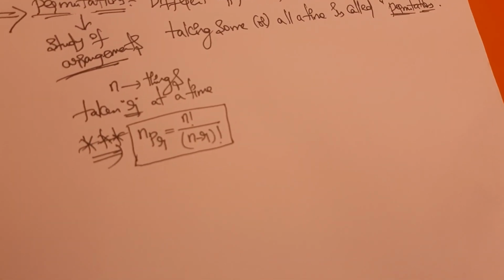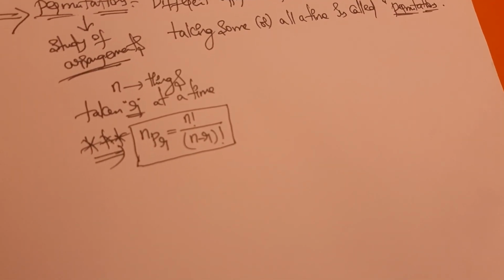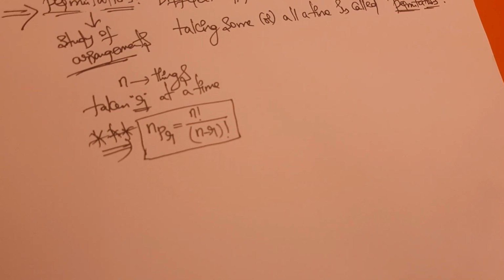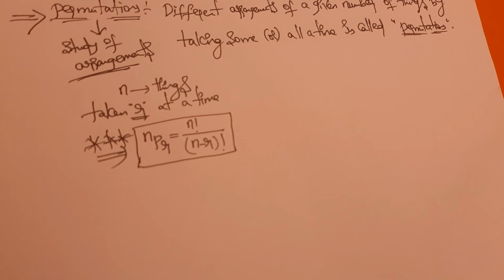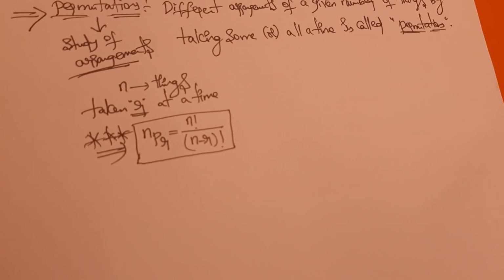Let's see some examples for permutations. Suppose you take the arrangements of the letters A, B, C taking 2 at a time.